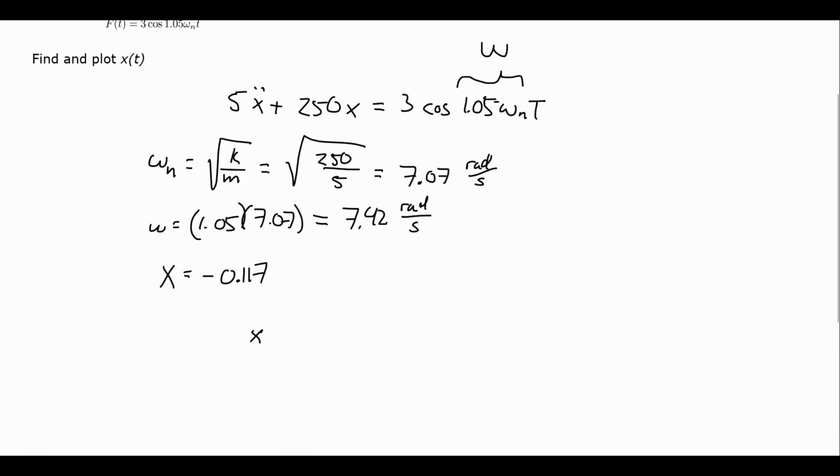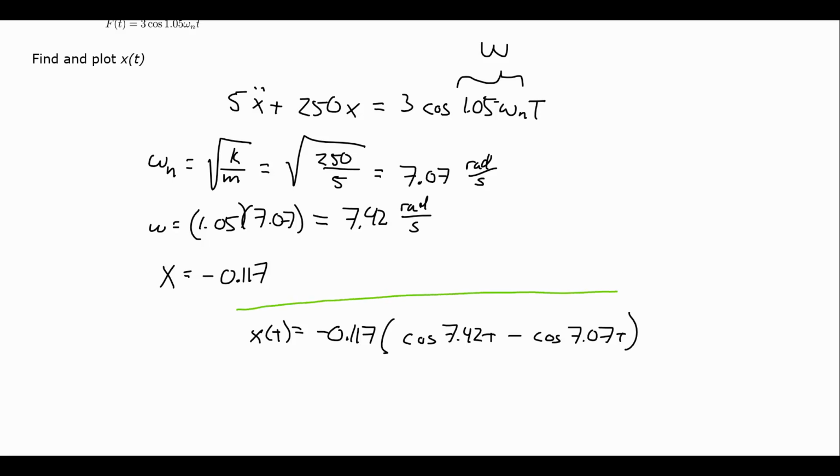Because our initial conditions are 0, we're going to get negative 0.117 times the cosine of omega t, 7.42 times t, minus the cosine of omega n times t. So that is what the response is going to look like in this problem. So this is what we'll be able to plot and see what x of t looks like.